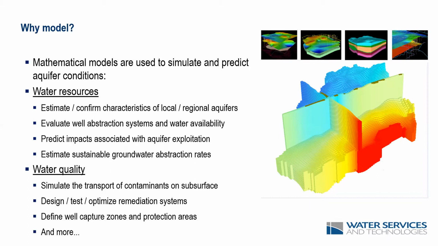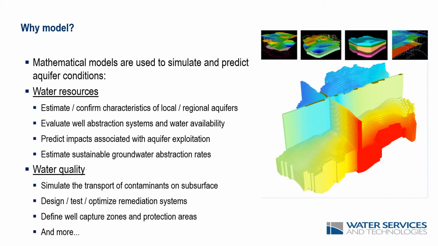And of course, models can be used to simulate a large range of situations related to groundwater flow, specifically when we are talking about Visual MODFLOW Flex. We can use it to refine our understanding of the hydrogeological context being assessed, be it on a small scale, for instance an industrial property, or if we are looking at large regional aquifers. We can assess things like aquifer abstraction or aquifer exploitation sustainability.